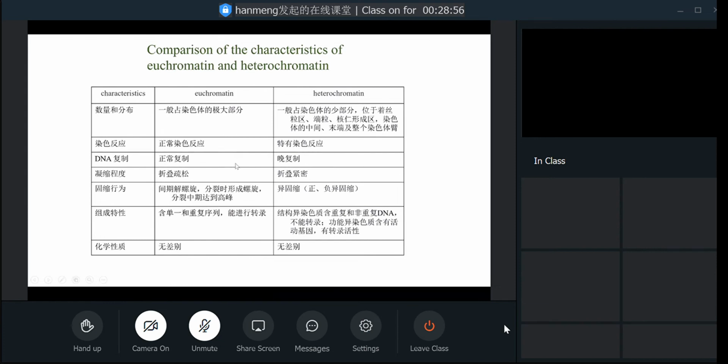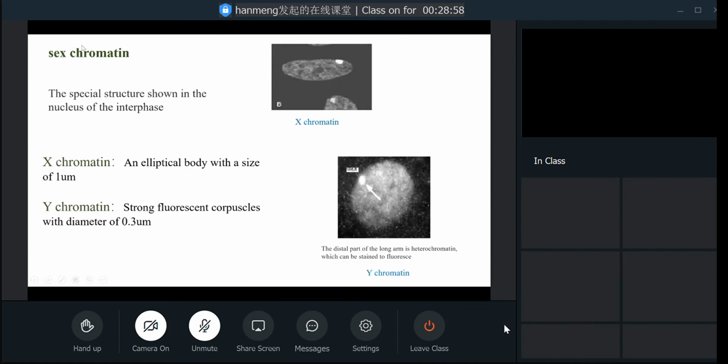Next, we will learn the sex chromatin. Sex chromatin is a special structure shown in the nucleus of the interphase, and the X chromatin is an elliptical body with a size of 1 micrometer. Here, this picture shows the X chromatin.